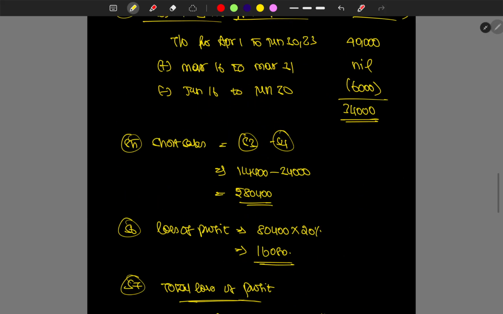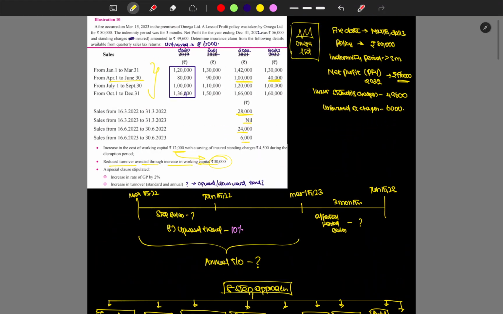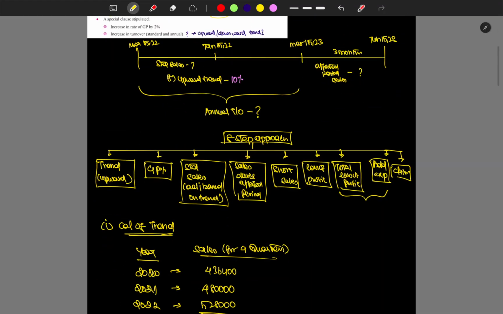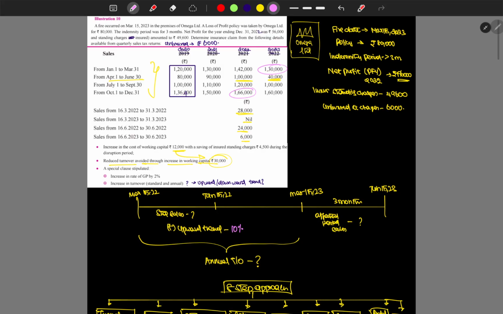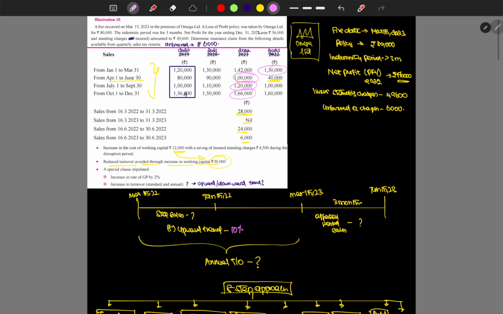Like the same method, we have to find out the annual turnover also. So what all the information we have? We have 1,30,000, 1,66,000, 1,20,000, 1 lakh, right? This is the 4-quarter value.